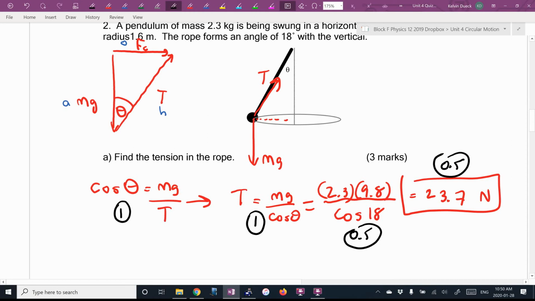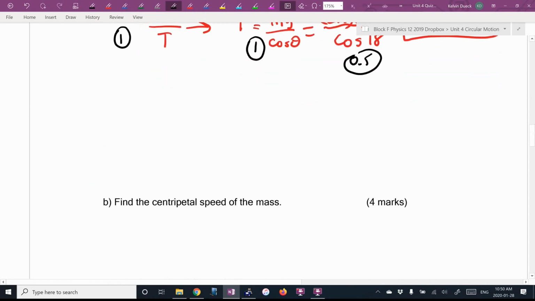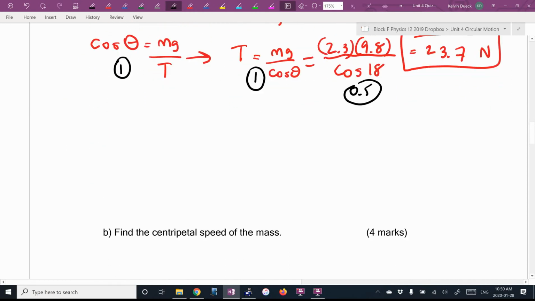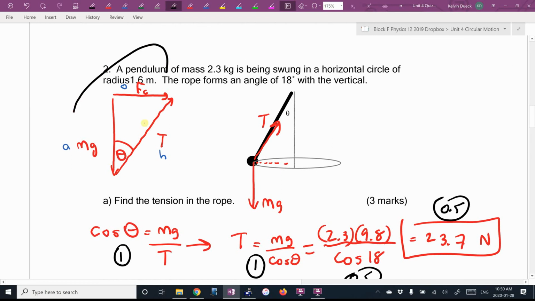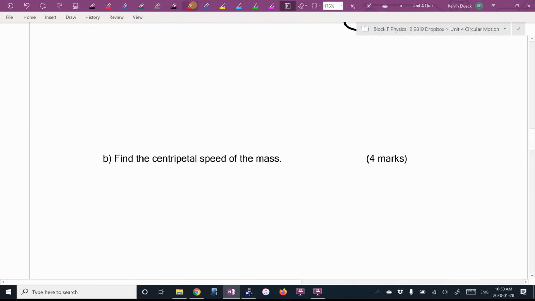Then they also would like me to find the centripetal speed. I think there I'm going to use these two. I probably could do this with tangent as well, but I'm going to use these two because I'm going to use stuff they gave me. I'm going to use tangent equals FC over mg.